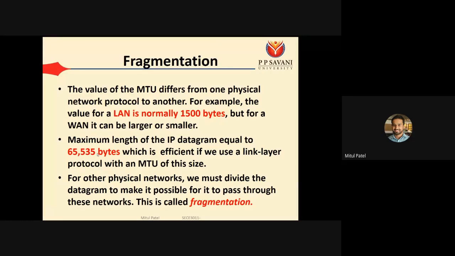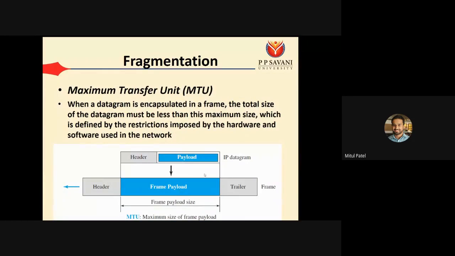IP datagram size, we have seen that it is fixed at 65535 bytes, which is efficient if you use a link layer protocol with an MTU of this size. આપણે MTU, we can say that the frame payload created is of 65535, then the size of this IP datagram must be 65535 bytes.